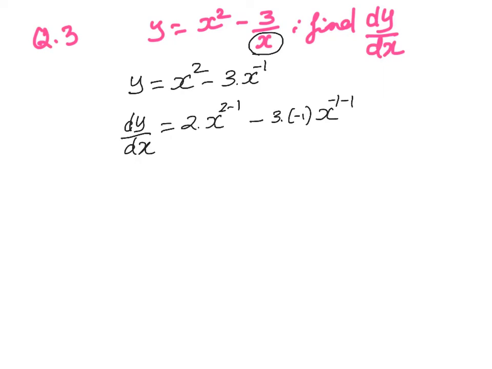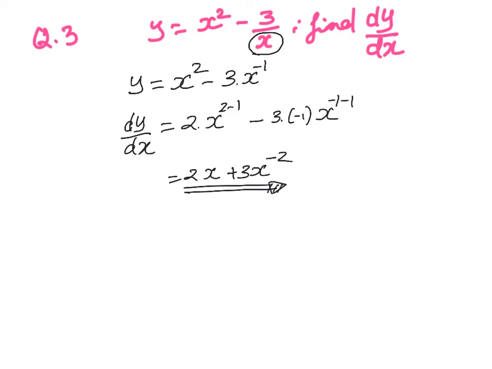Now then comes 2x minus, this negative 3 times negative 1 will give me positive 3, x to the power of negative 2. Yes, I am done with my answer here.